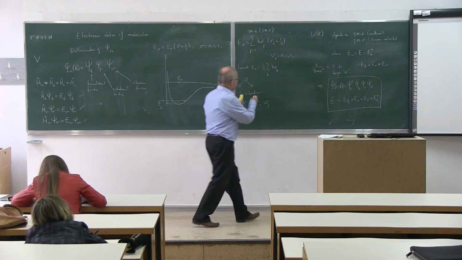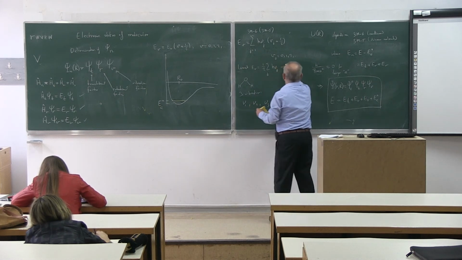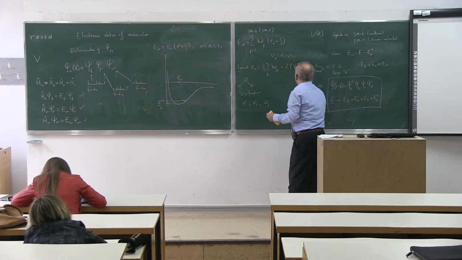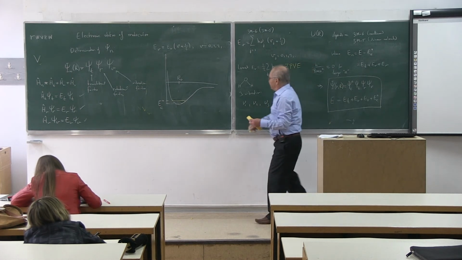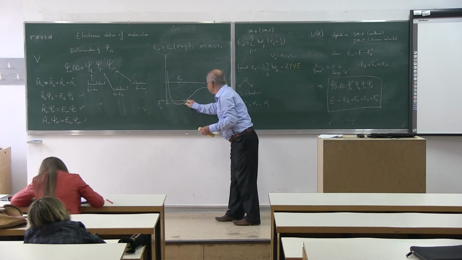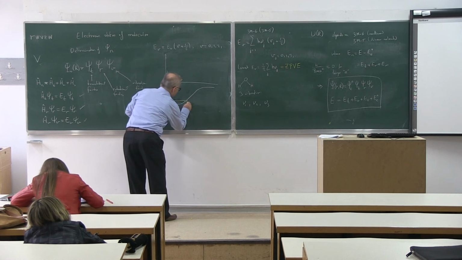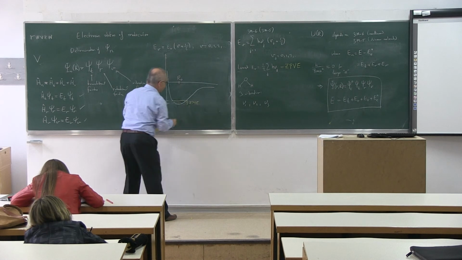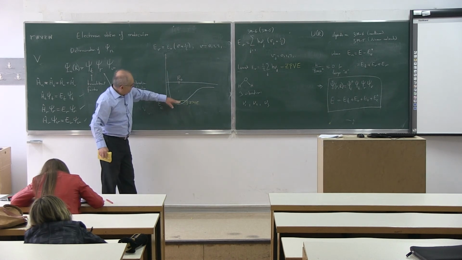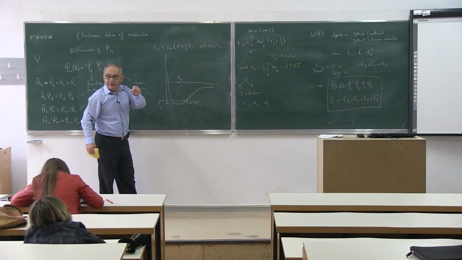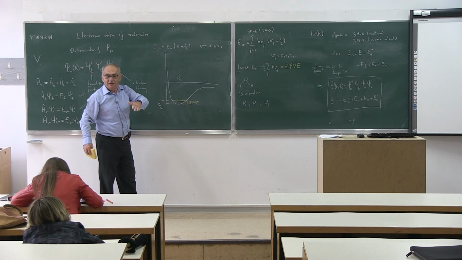So this quantity is the 0-point vibrational energy, and the difference here is the 0-point vibration energy. What you see by this yellow line is the lowest possible total energy of the molecule.